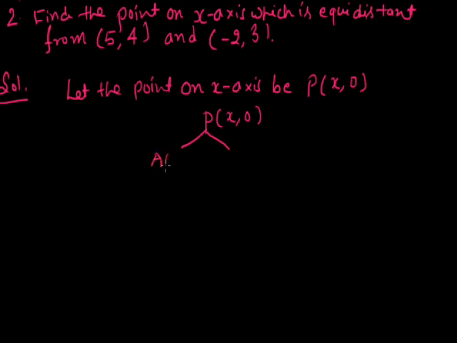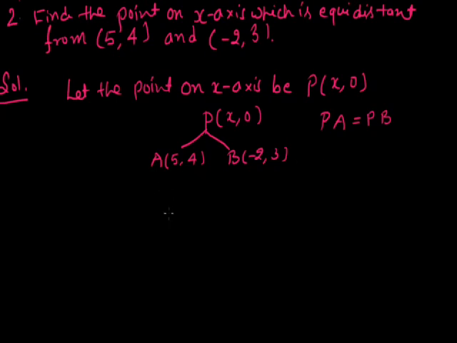Let these be A (5,4) and B (-2,3). So according to this, PA is equal to PB, because the point is equidistant from A and B, and we have taken the point on x-axis as (x, 0). So PA equals PB.